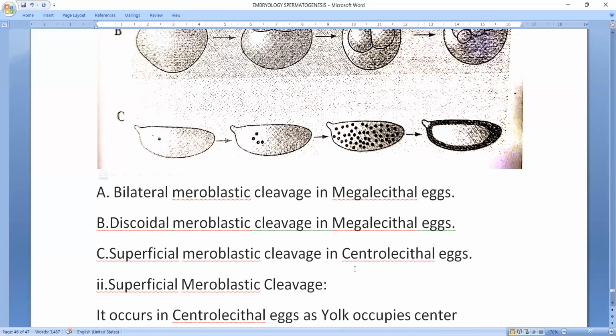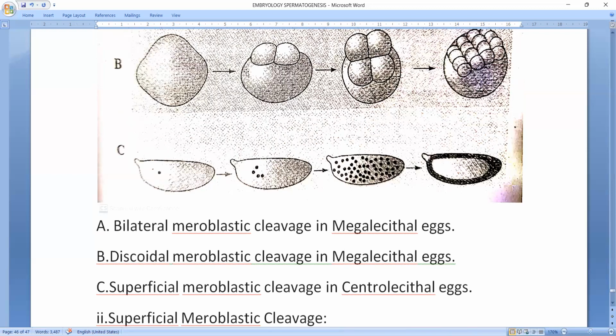Okay. Superficial meroblastic cleavage in centrolethal eggs. సో, ఇక్కడ చూసినట్లయితే యాక్చువల్గా ఇది ఎలా ఉంటుందంటే, రైట్. సో హియర్ the red color area is nothing but the yolk substance.